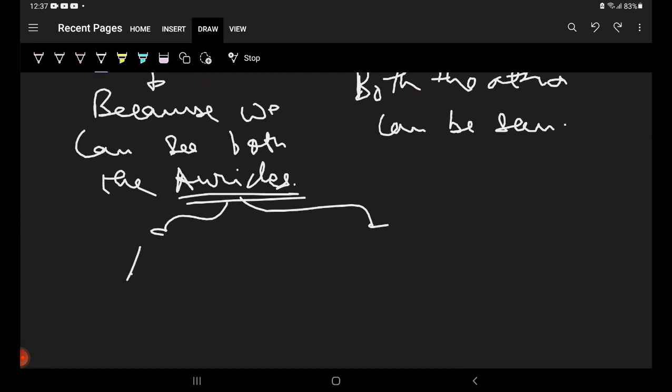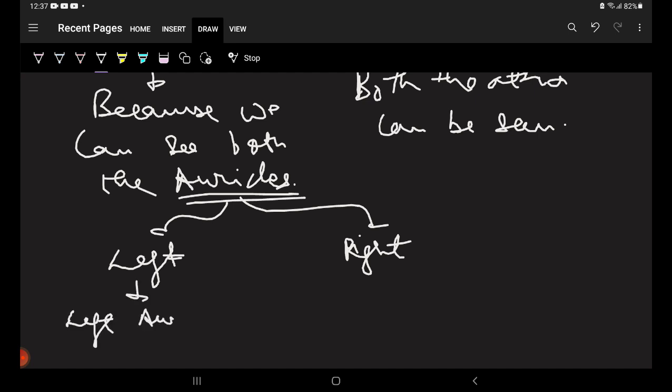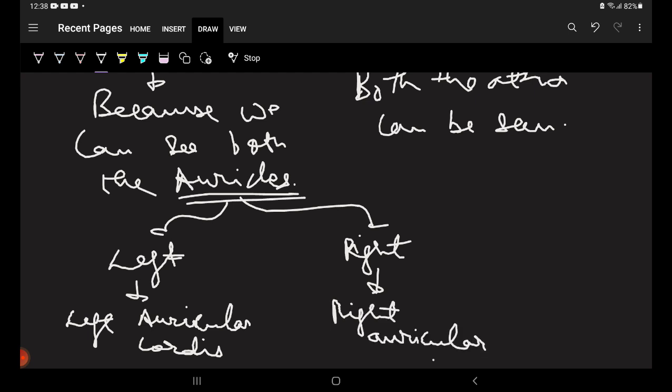The left auricle is called left auricular cordis, and the right auricle is called right auricular cordis.